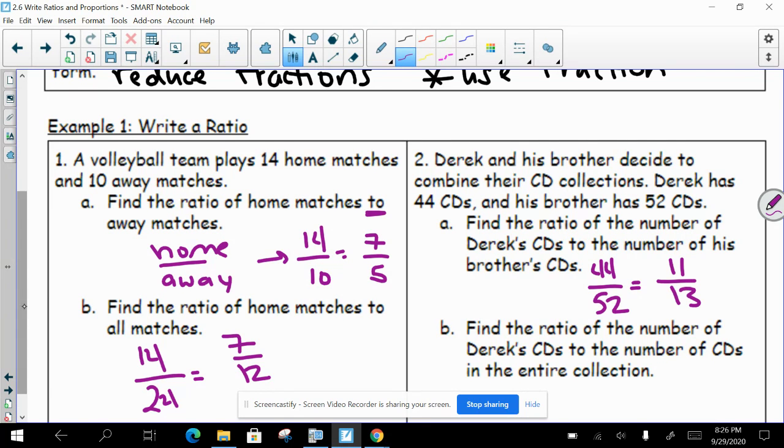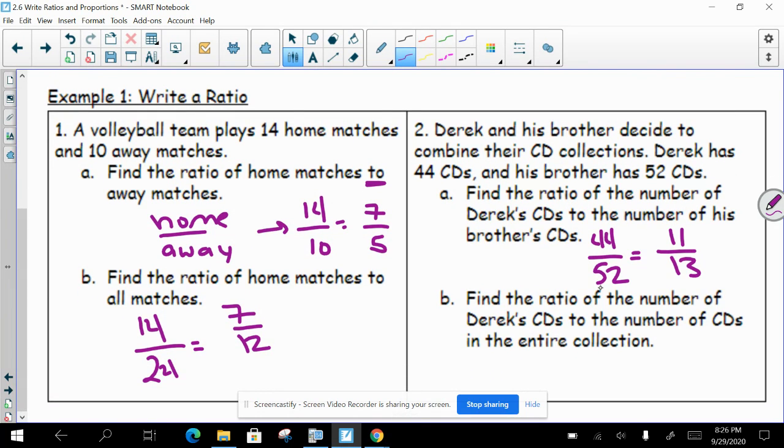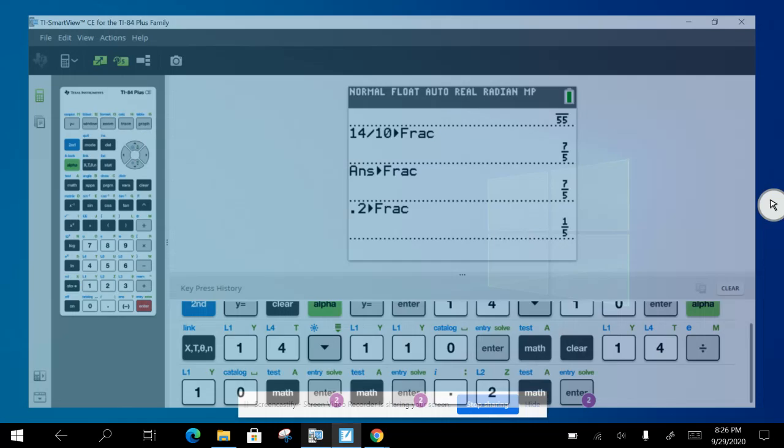And then the ratio of the number of Derek's CDs to the number of the entire collection would be 44 over 96, which reduces to, well, let's check our calculator. I have something written down on my paper, but I can't tell exactly what one of the numbers is.